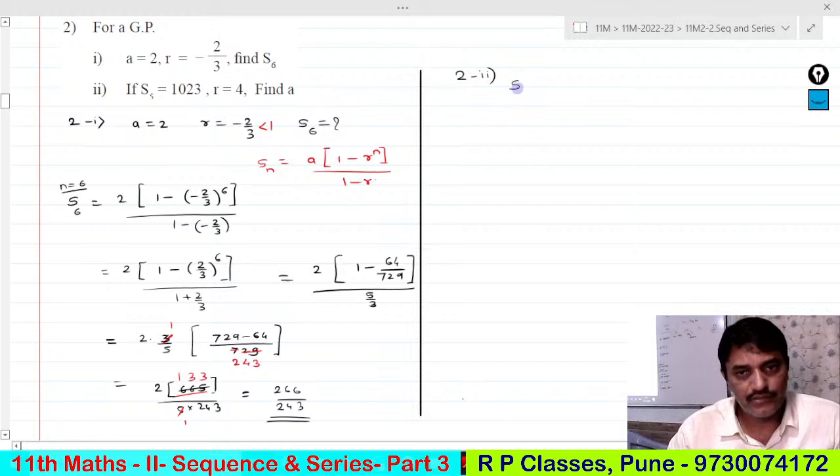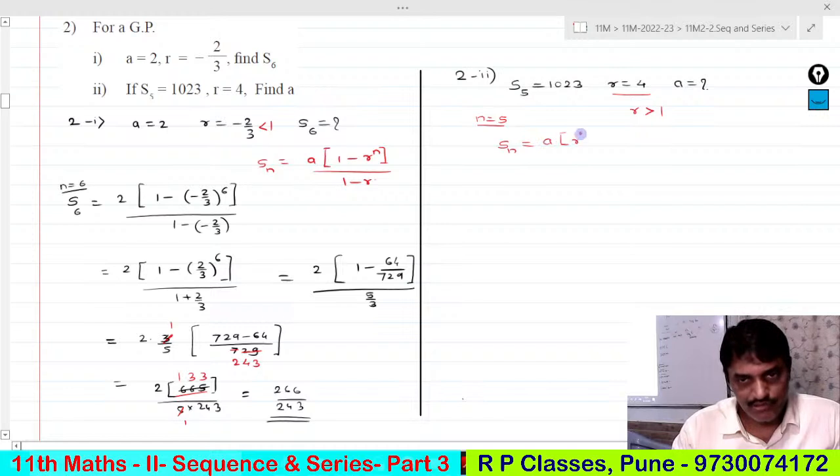S5 is equal to 1023, R is equal to 4, find A. Now R is equal to 4 is given, so this R is greater than 1 and N is equal to 5, Sn. What is the formula for Sn?